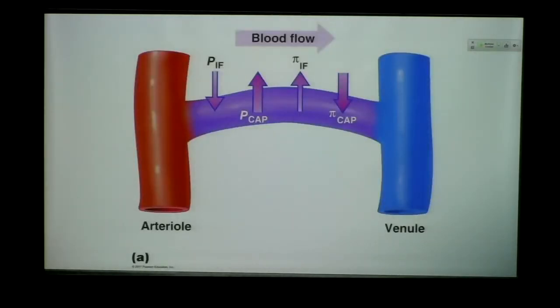So what we can see here is that of our four opposing forces, we have a larger capillary hydrostatic pressure and a larger capillary oncotic pressure, okay? And what that tells us is that the movement on the arterial end is usually going to be in favor of filtration, and the movement on the venous end is going to be in favor of absorption, okay?